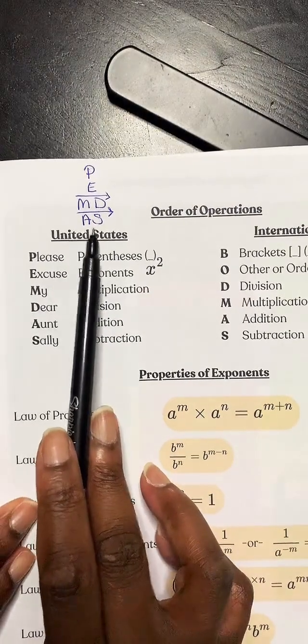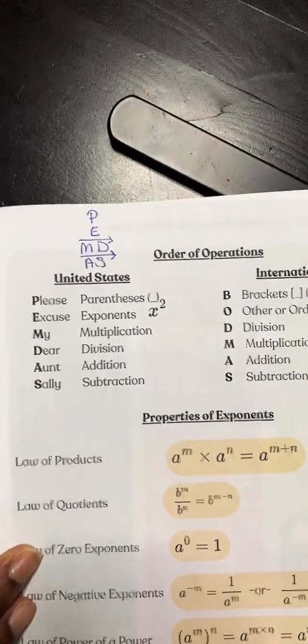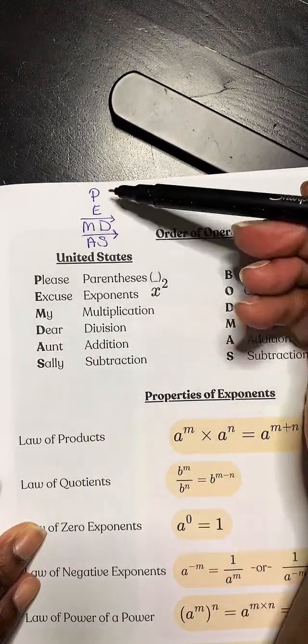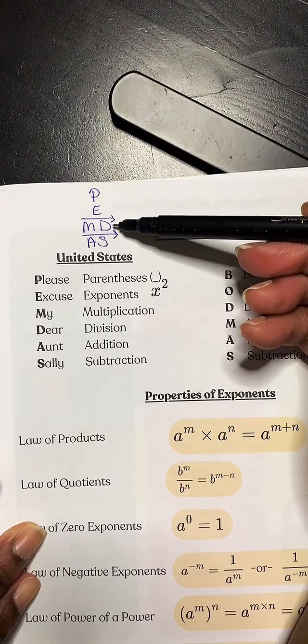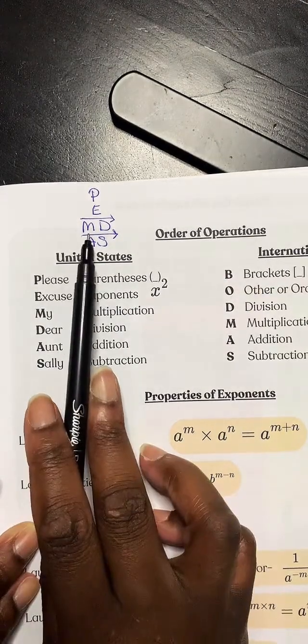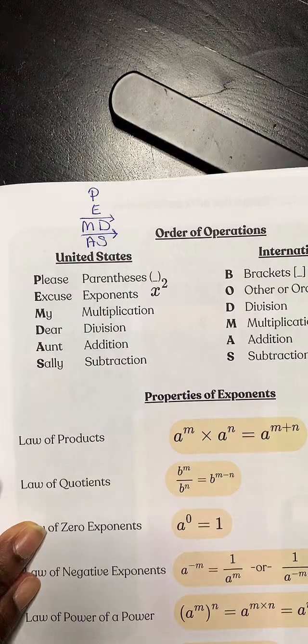But it's best to have it like this, because multiplying and dividing are almost like equal values, but you go from left to right.